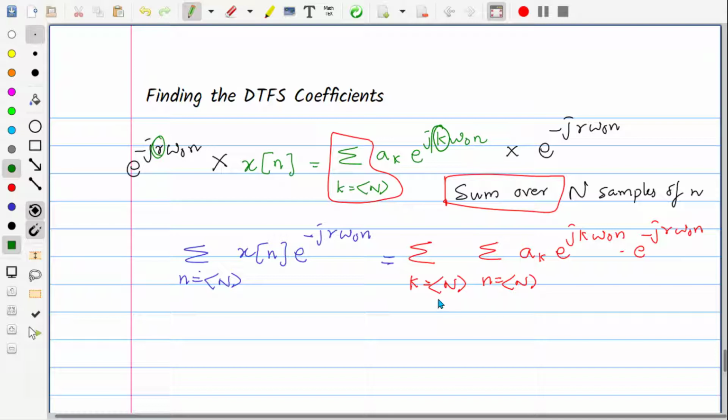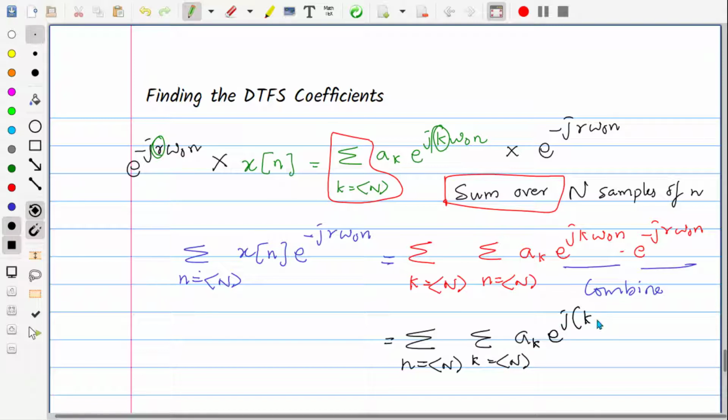of the actual equation. Now using the exponential multiplication, we can rearrange the term e^(jk omega_0 n) into e^(-jr omega_0 n) as summation n within the range capital N, summation k within the range capital N, a_k e^(j(k-r) omega_0 n).